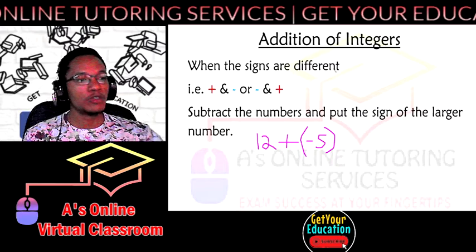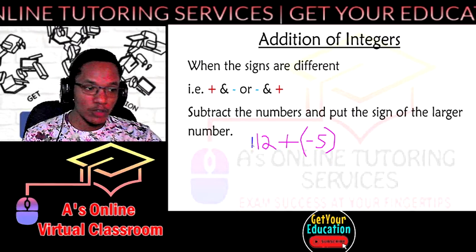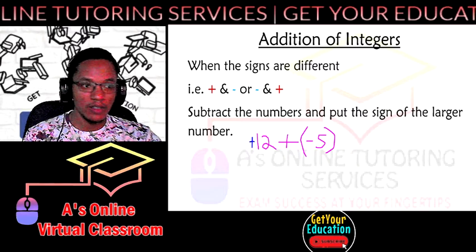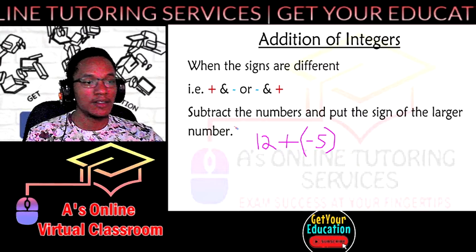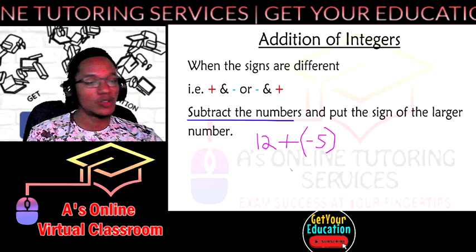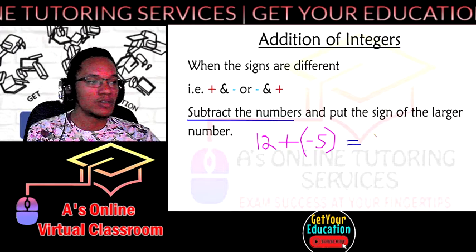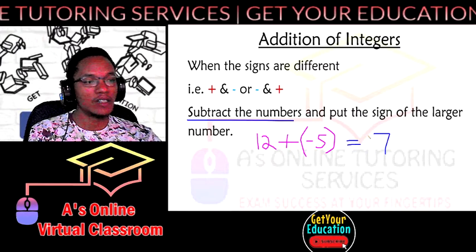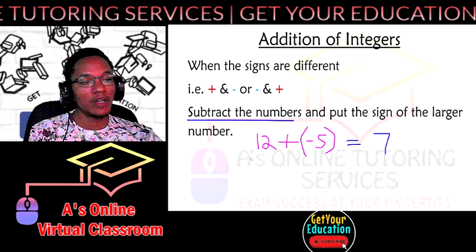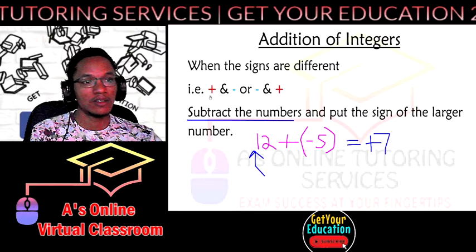Since their signs are different, and once there is no sign in front of a number it's a positive sign, we now subtract the numbers. So instead of adding, it's 12 take away 5, which is 7. And we put back the sign of the bigger number. Here the bigger number was 12, so this would be a positive answer.